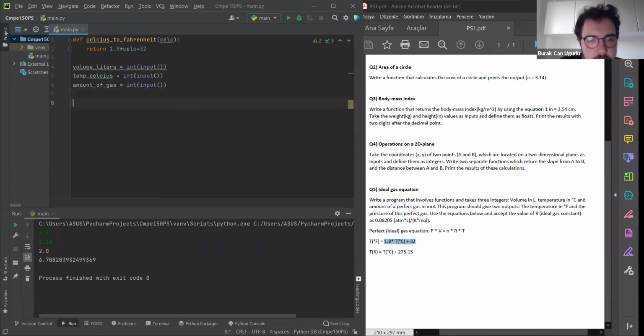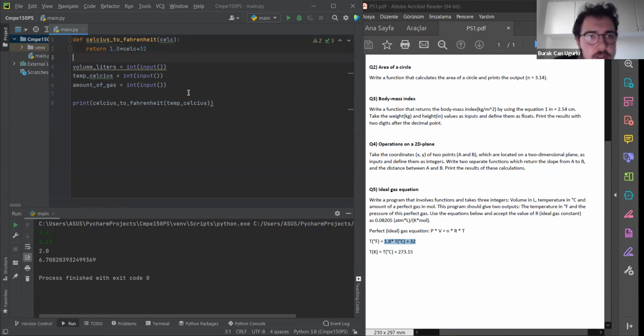I'm just writing print Celsius to Fahrenheit, take this value. So what is this function doing? It is calling the temp Celsius value and assigning it to our Celsius to Fahrenheit function as Celc, and the Celc value is multiplied by 1.8, and 32 is added to this value, and the value we return is the value of temperature in Fahrenheit.